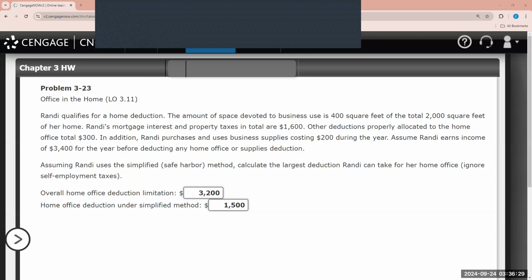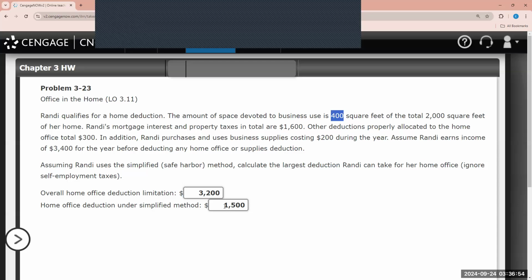Again, this is the home office deduction under the simplified method, but it's dependent on how much space was used. Here it says that she uses 400 square feet, but the maximum per the rules is 300. So that's why we use 300 square feet versus 400, because 300 square feet is the maximum.